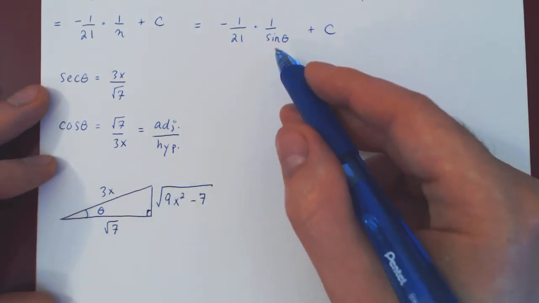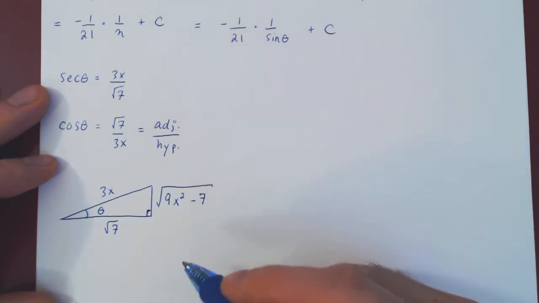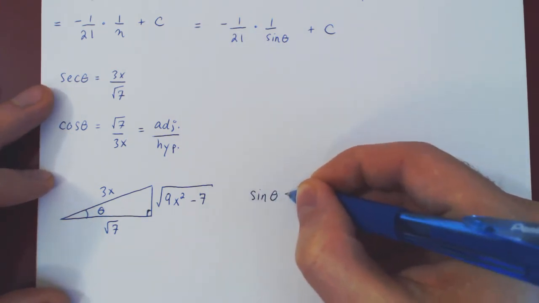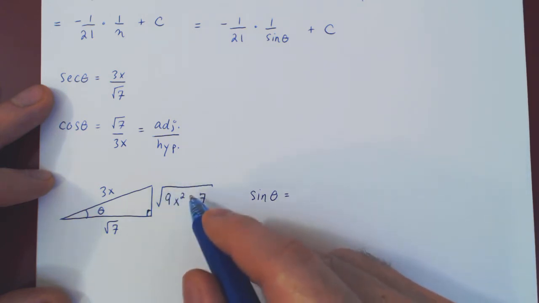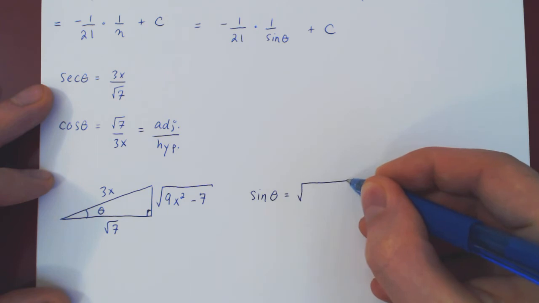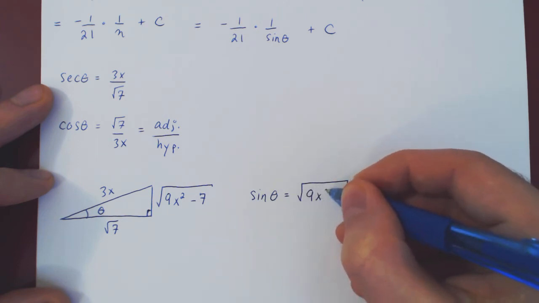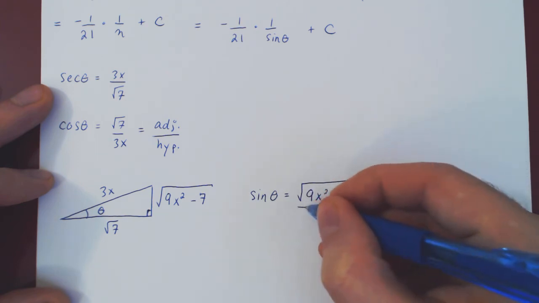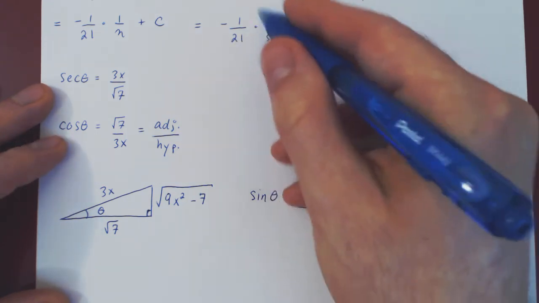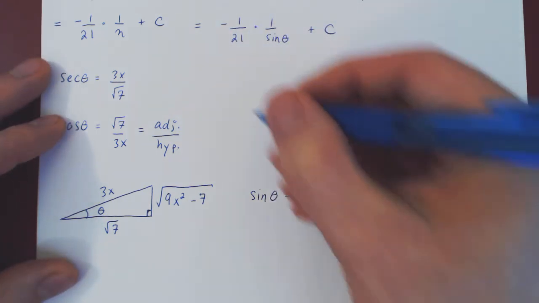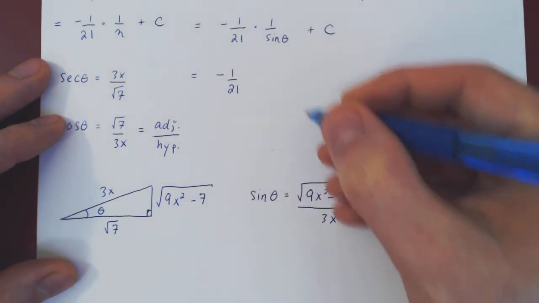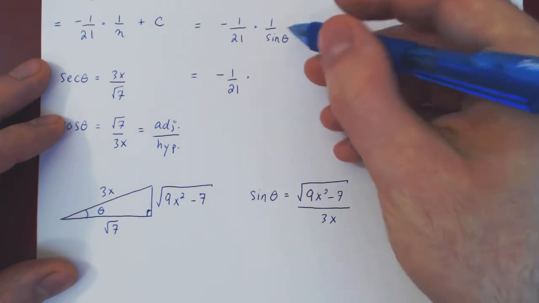And now from this, it's easy to find our sine of theta. As a ratio of sides, sine of theta is the opposite over the hypotenuse. So we have the square root of 9x squared minus 7 over 3x. We can replace in our final answer, so negative 1 over 21 times, well, 1 over sine.